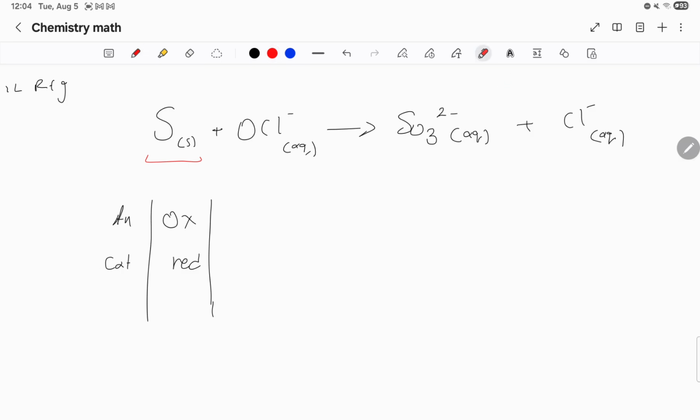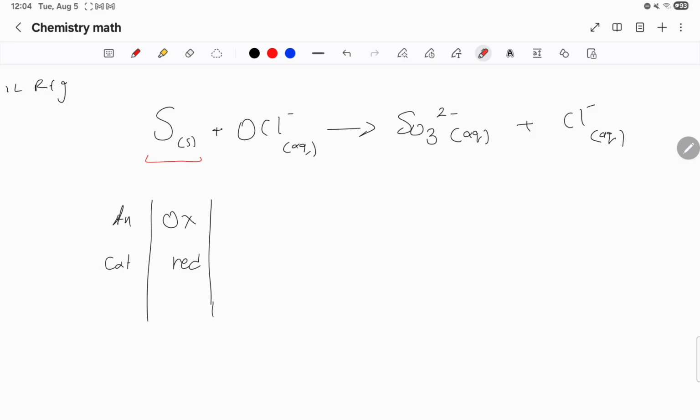Another thing about oxidation numbers that you have to know: oxygen will always be -2 except for peroxides and superoxides. Another thing is hydrogen will usually be +1 except in metal hydrides, like sodium hydride, where sodium will actually have the positive charge and H would actually have a -1 charge. So just be on the watch out for this.